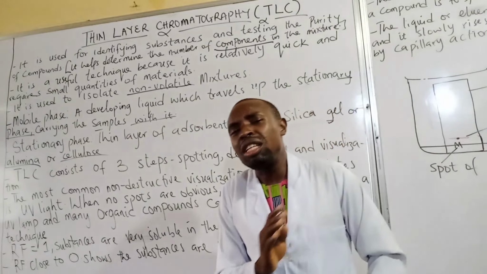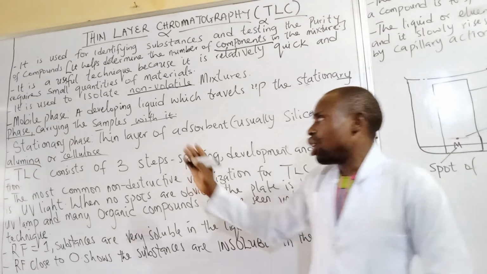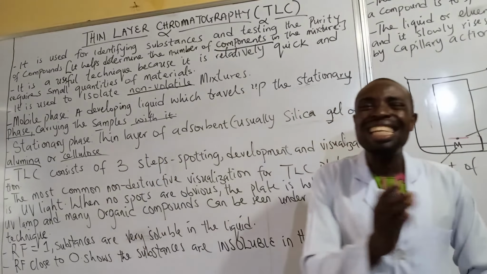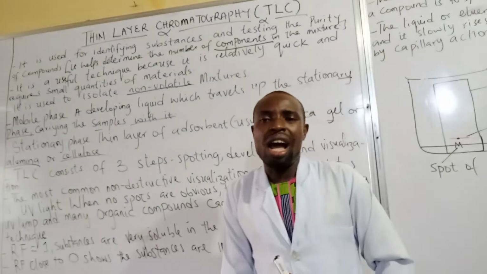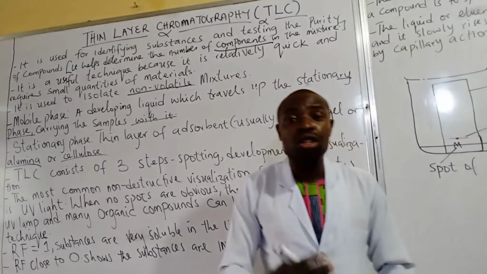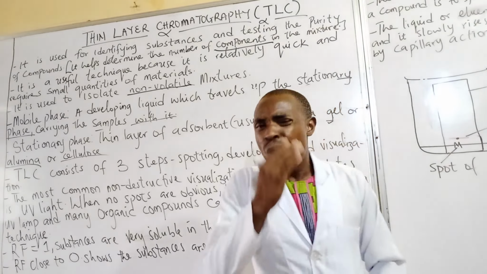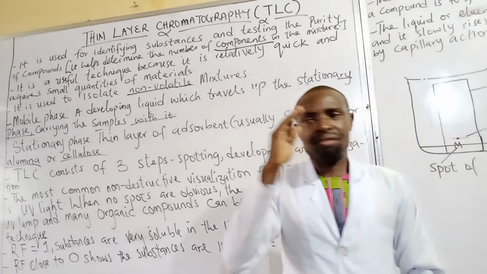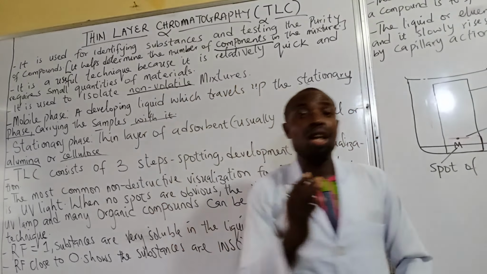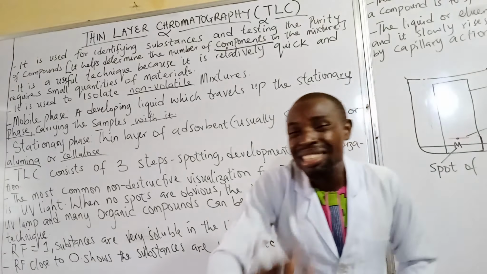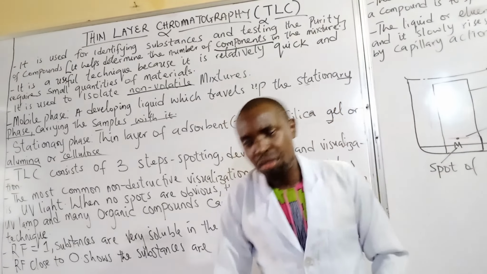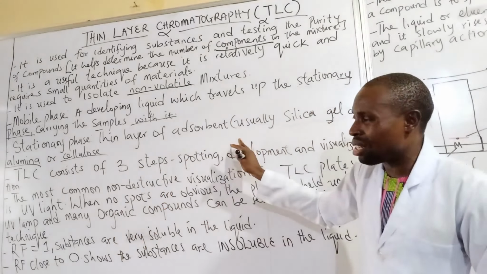But in the case of the stationary phase, it involves a thin layer of adsorbent, and usually we make it of silica gel or aluminum, or lastly cellulose. Though there can be more, basically these are the most common ones.